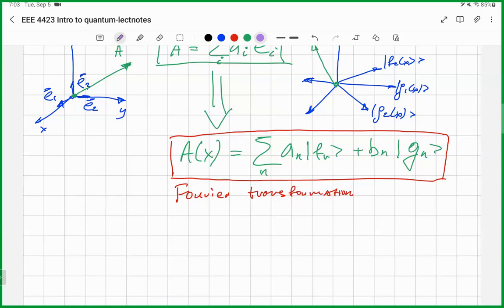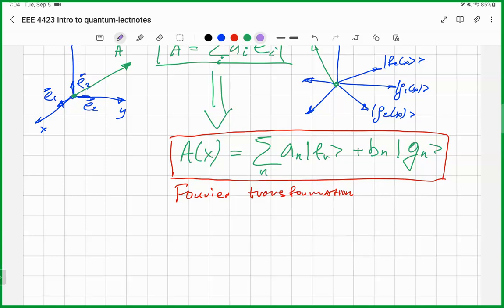You see, introducing these function dimensions, this function space, allows us to represent any function also as a vector in this function space.